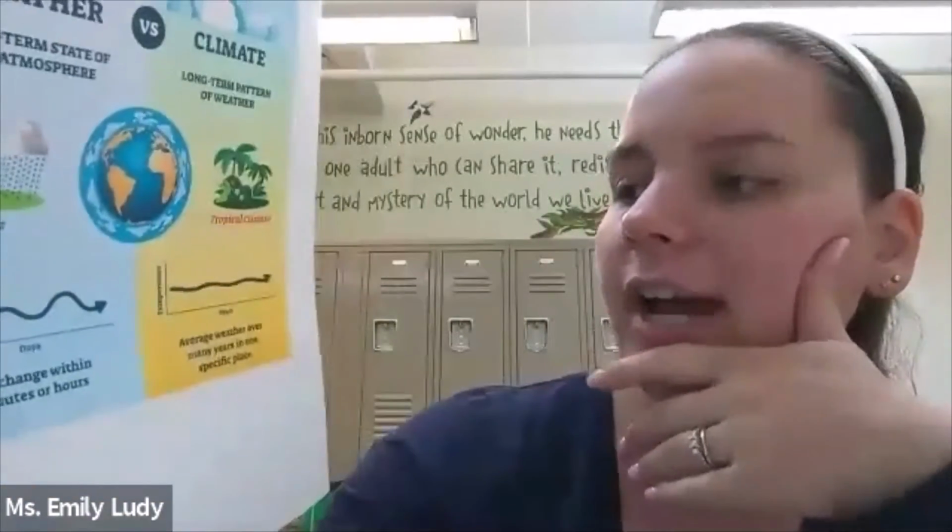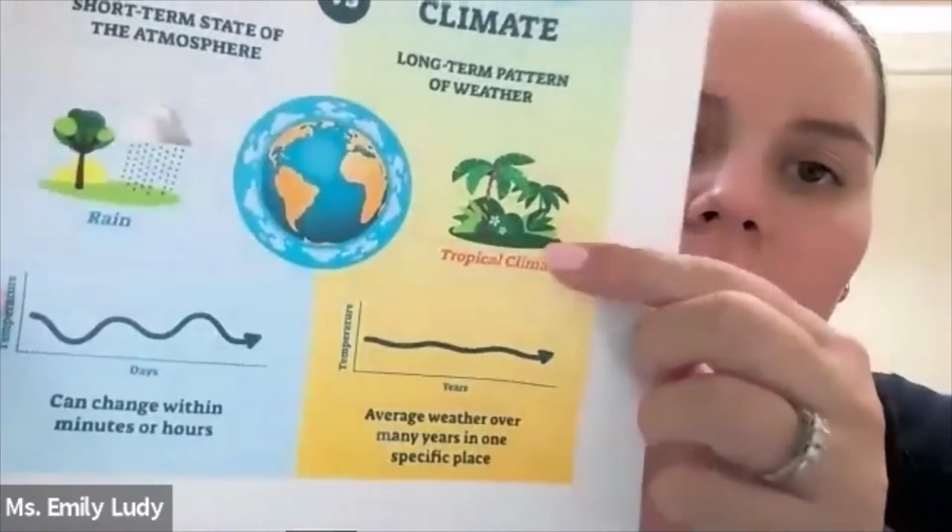So this says your average weather over many years in one specific place. A great example it gives you is a tropical climate. We know that in the rainforest, there are certain temperatures and certain weather throughout the year. They have a rainy season, a season that's really warm, and a cooler season.